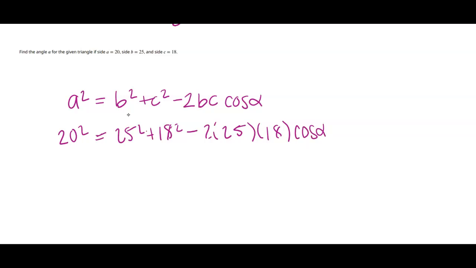Okay. So 25 squared is 625. 18 squared is 324. 900 cosine of alpha.